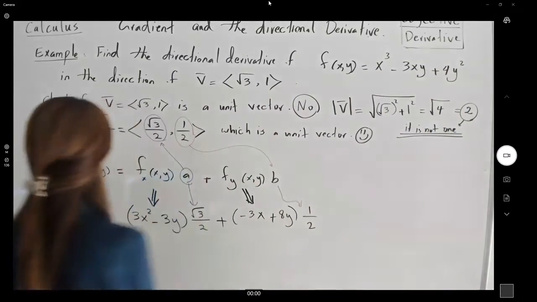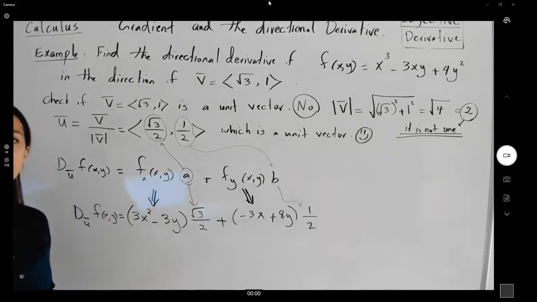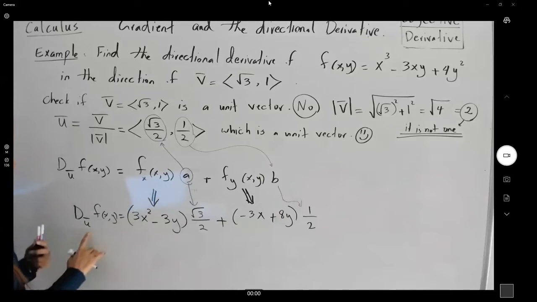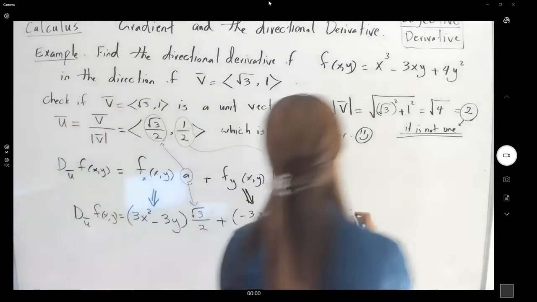So this is the directional derivative or the derivative of the function in the direction of u. And if they have different points, you can easily calculate this rate of change in the direction of vector, unit vector u.